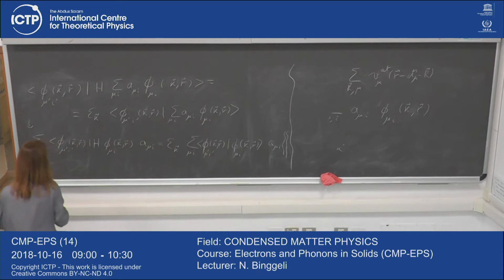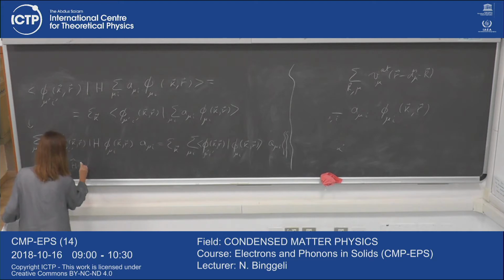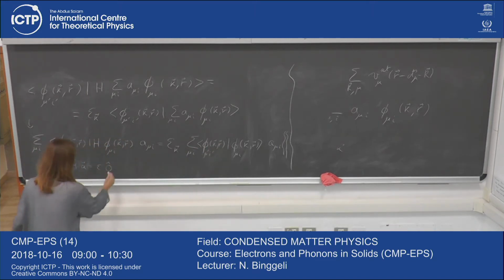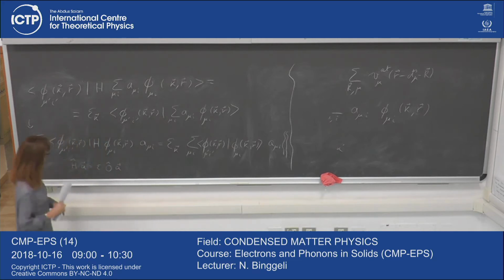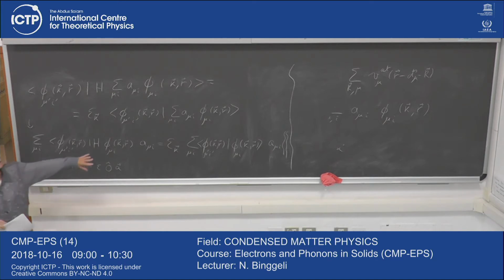So we have to solve a problem where, if these are the matrix elements of the matrix H, I will have to solve something of that type, equal to epsilon times an overlap matrix, which would be the matrix with these elements, times the vector A. In the case of the plane wave, we had the unitary matrix here, and here we have in principle a matrix that is different from the unitary matrix.